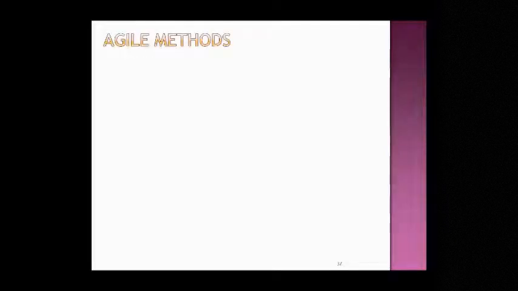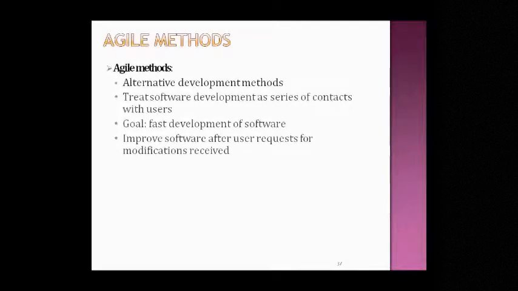So, as I told you, we have the Agile methods. What is Agile? Agile methods are alternative development methods that treat software development as a series of contacts with users. The goal is the fast development of software, improving it after user requests for modifications are received.